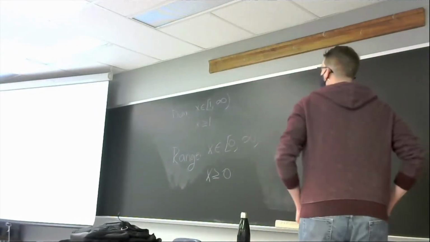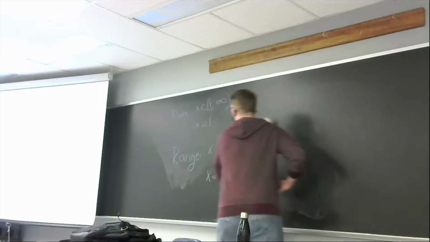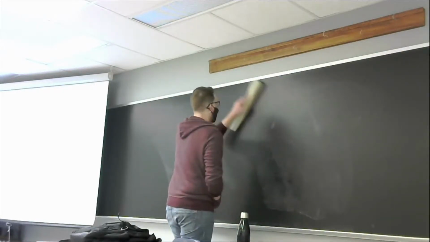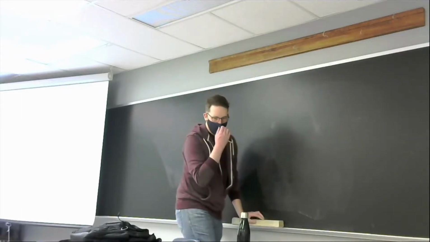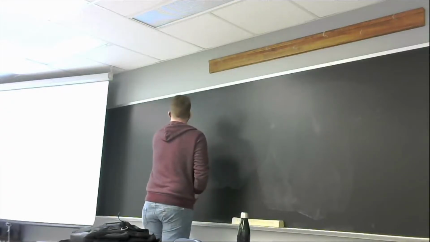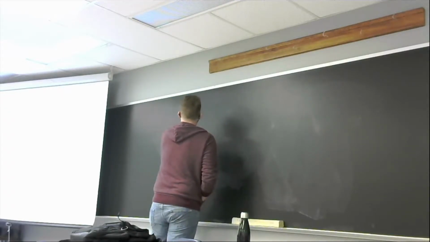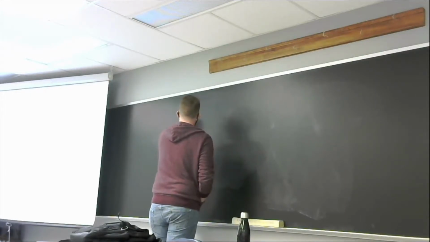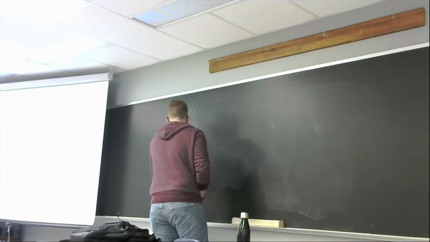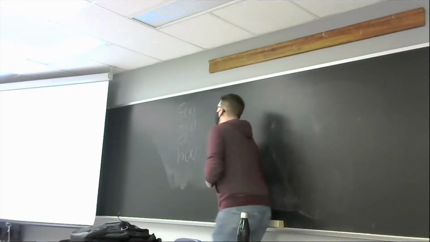Having said that, some more notation. We'll oftentimes see functions represented in a very particular way. We'll oftentimes see the notation f of x, g of x, h of x, and so on.